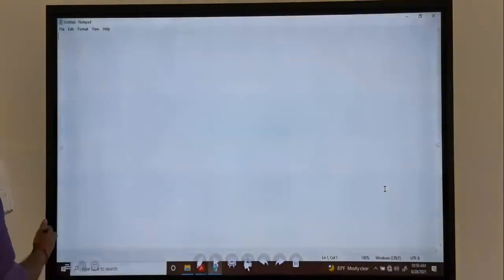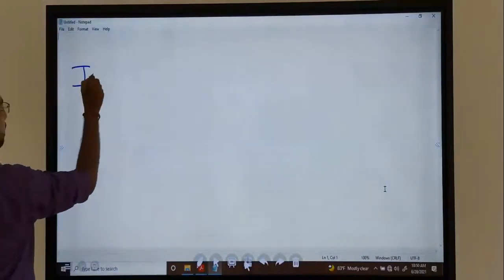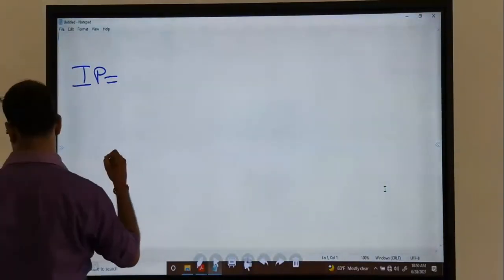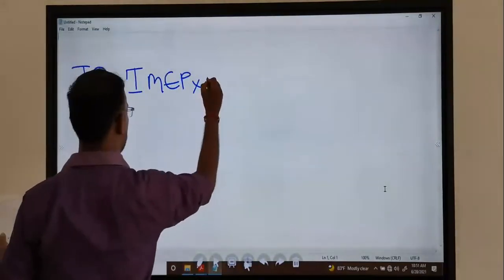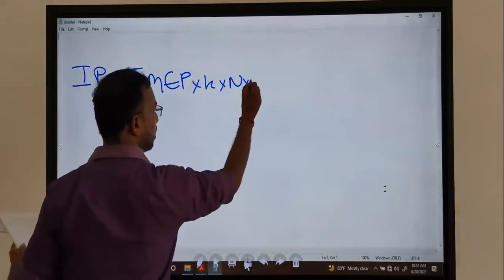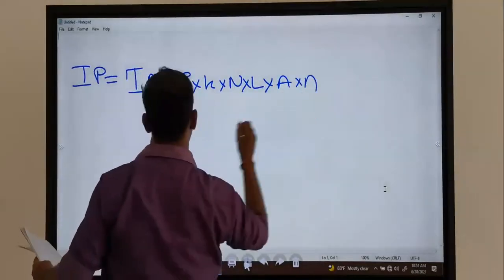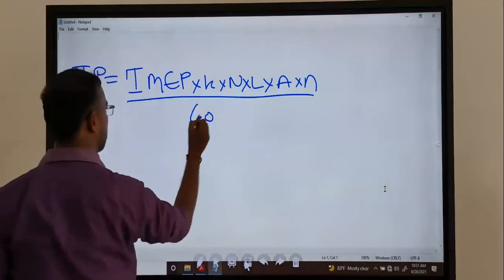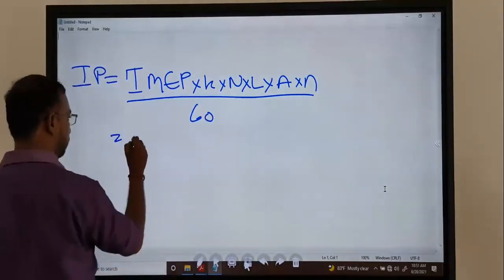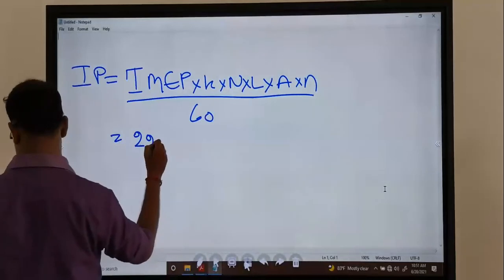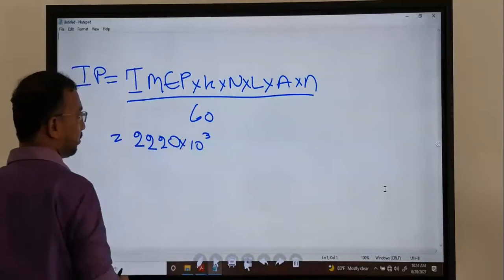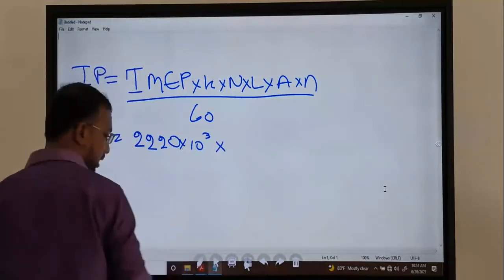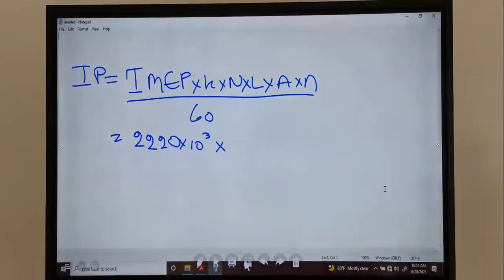The same thing we have already done. The indicator power equation we already know. So 10³ for Pascal. The K factor is different because this is a two-stroke engine.